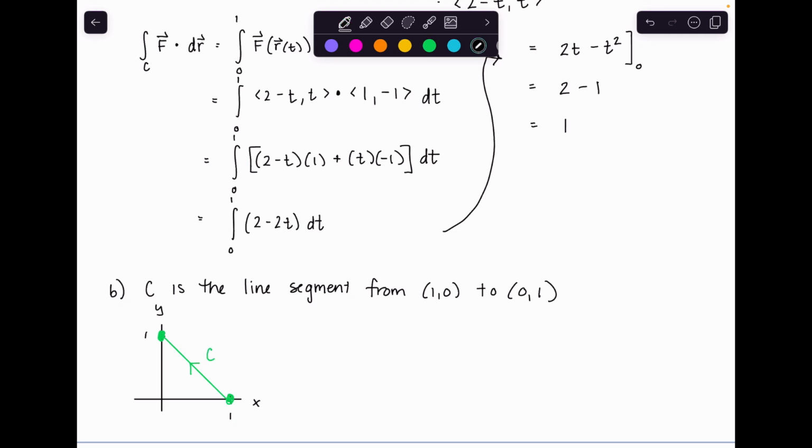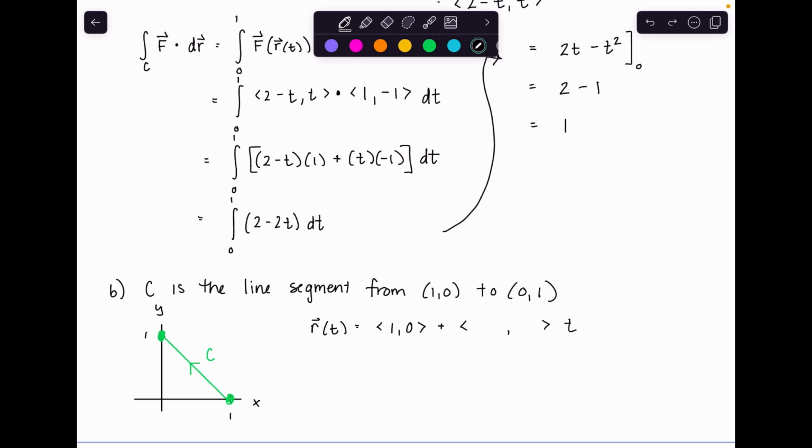So instead, to find my r of t, again, I take that starting point, 1, 0, and then I need to figure how much I'm moving in each direction and times it by t. So for the x, I'm moving a distance of -1, and then in the y, I'm moving a distance of +1. Again, that's found just by subtracting the x values and subtracting the y values.